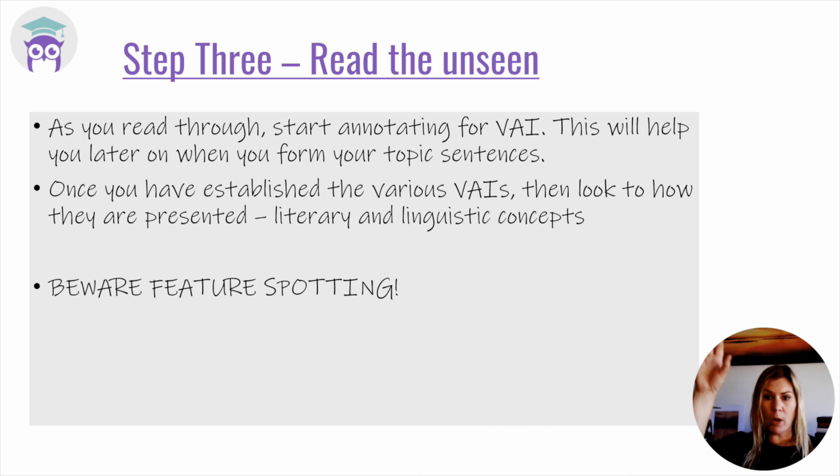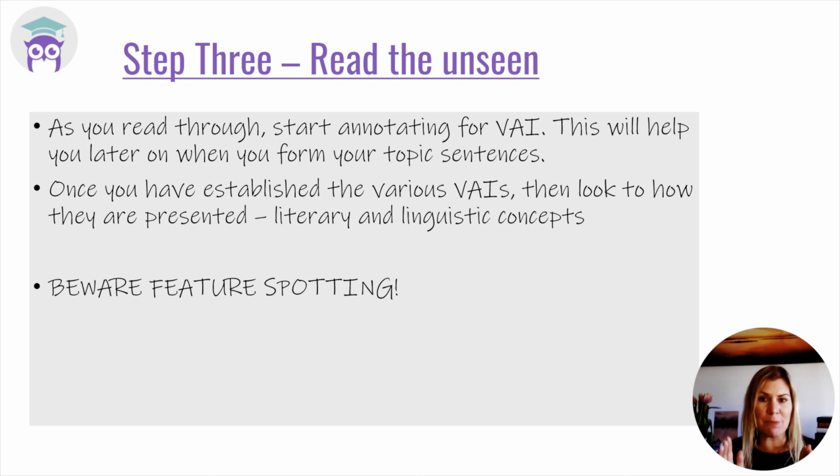Okay, once you have done that, so once you have thought to yourself, right, he is presenting Neil Armstrong as humble, his view is that Neil Armstrong is humble, only then can you go back and say, right, how is he doing it? Let's find the features. You must be really careful that you don't just end up with a catalogue of features that aren't attached to proper, well thought out points.